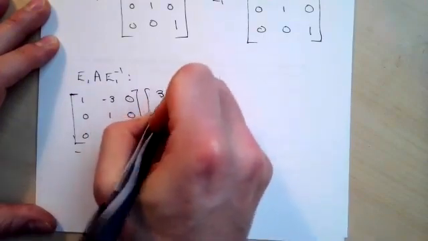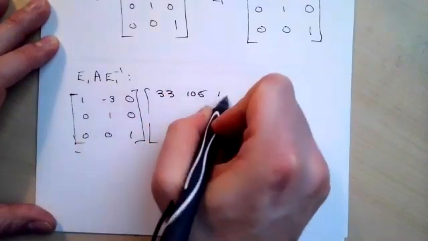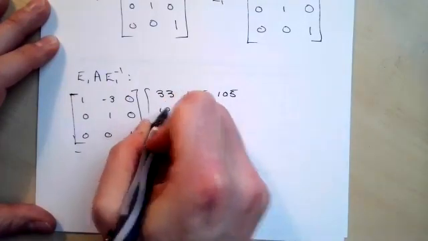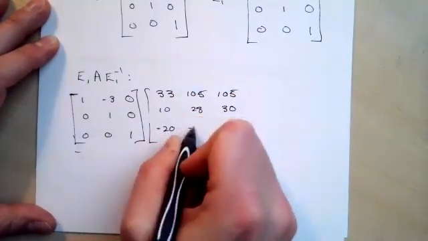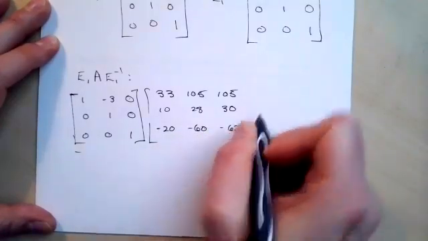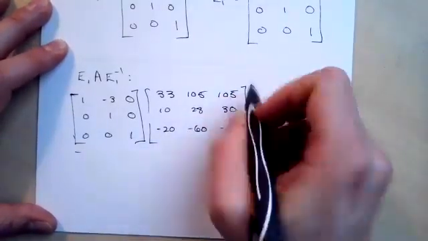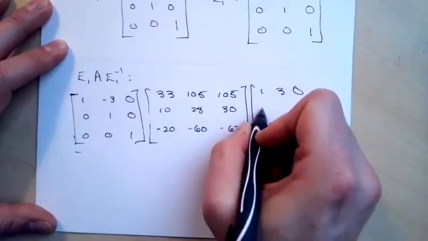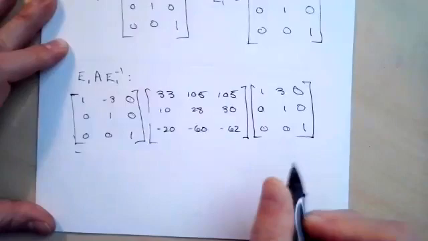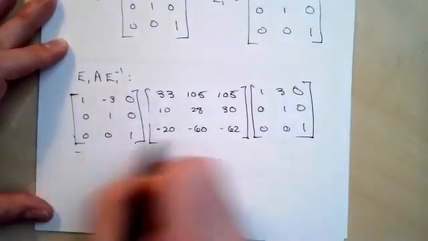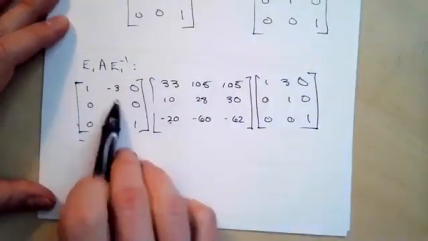And let's write out our matrices, all these big numbers. 1, 3, 0, 0, 1, 0, 0, 0, 1. So let's do these first two first. We know how this is going to act.